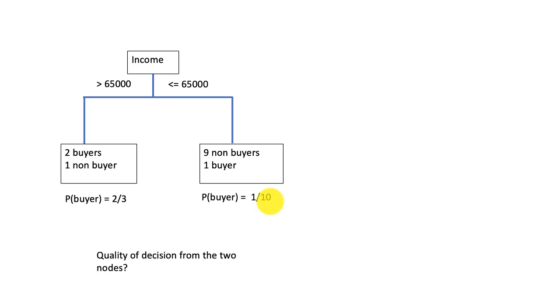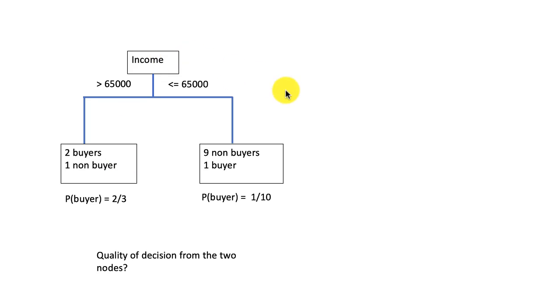What you should note here is that in this particular case, the probability is being determined based on only 3 cases. Because only 3 cases satisfied this condition, the probability is being determined only based on 3 cases. That's a very small number.